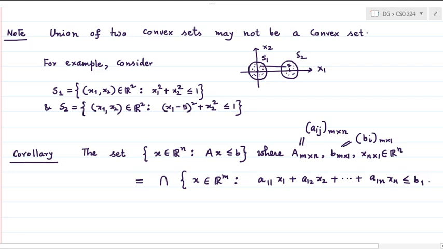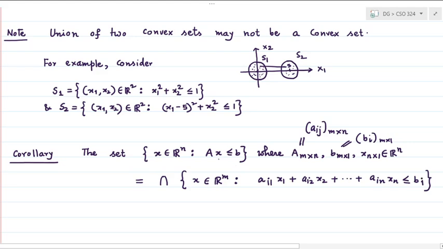The second row will be a21 x1 plus a22 x2 up to a2n xn less than or equal to b2. And therefore the i-th row of Ax less than or equal to b is just given by ai1 x1 plus ai2 x2 plus up to ain xn less than or equal to bi.